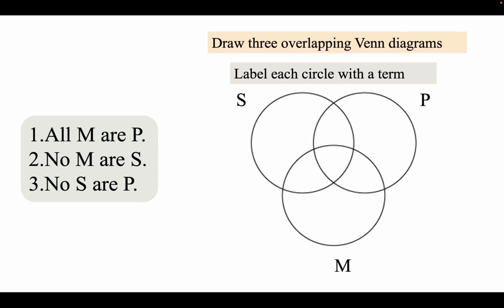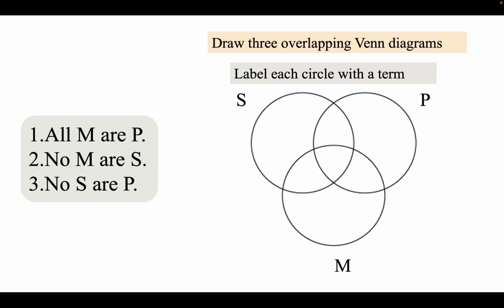Now, the next thing that you want to do is to label each circle. It is not important which one is S and which one is P. For example, on my screen right now, you see that the top left circle is S, the right is P, and M is on the bottom. But you could have M on top, or on the right or left.